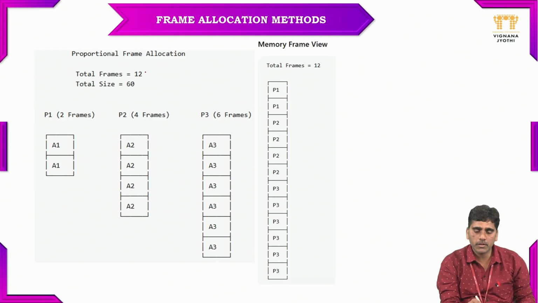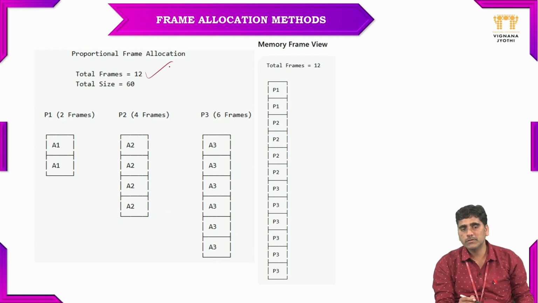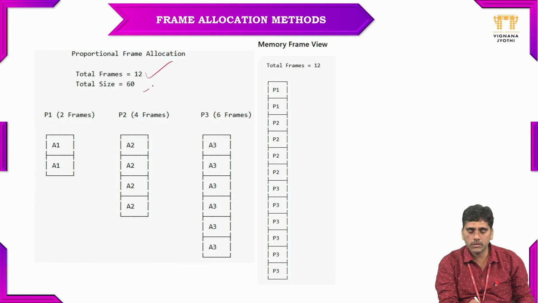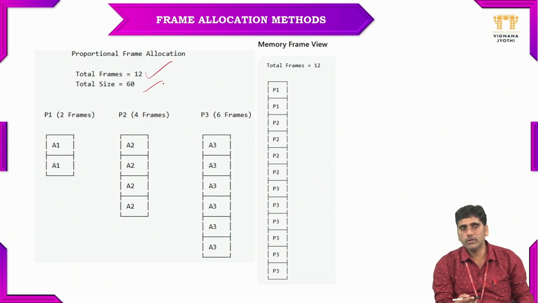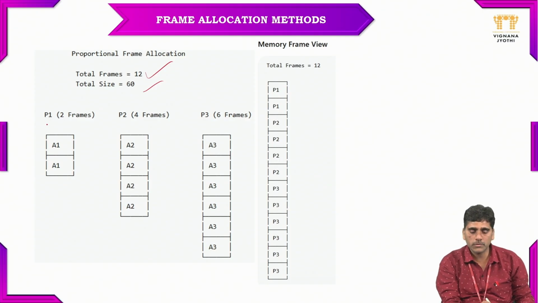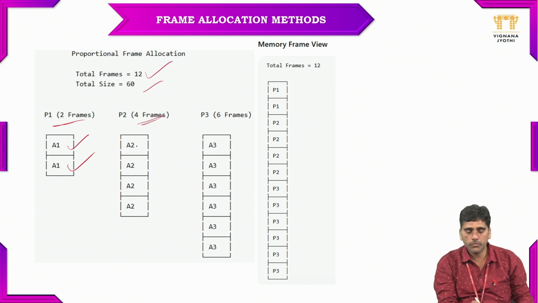How many frames are available? 12. And the total size of the processes is 60. How are they going to be allocated? Process P1, 2 frames are allocated. For process P2, 4 frames to be allocated. And for process P3, 6 frames to be allocated.